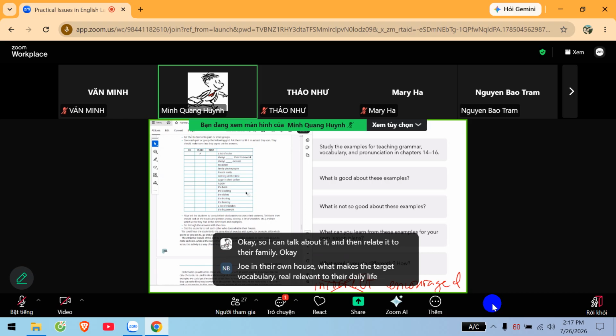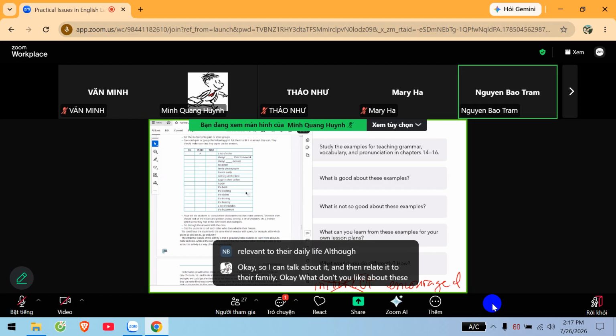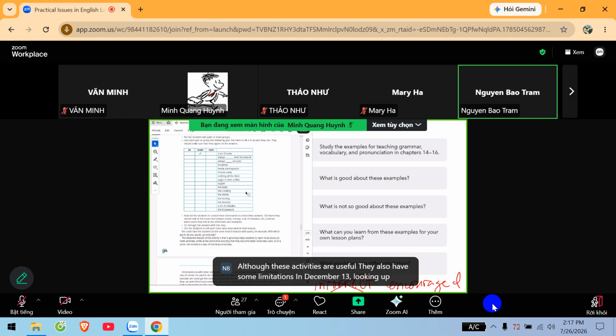What don't you like about the examples? What do you think is not good? Although these activities are useful, they also have some limitations. In example 13, looking up many words in a dictionary can become repetitive and less engaging.